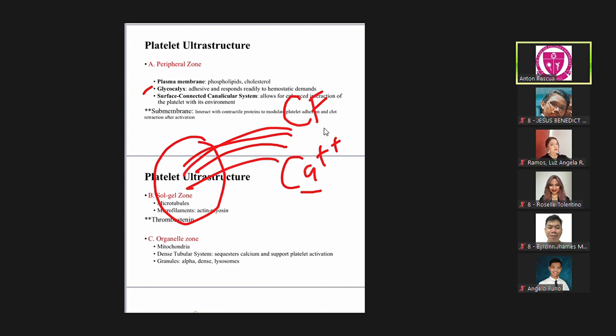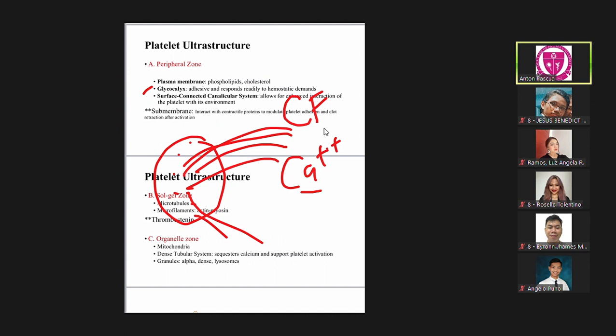Platelets will absorb them so that you can then store them inside the platelet. Para sa answer, so that when the need arises, meaning the moment you have an injury, what your platelets will do is release those granules and let them form a clot.